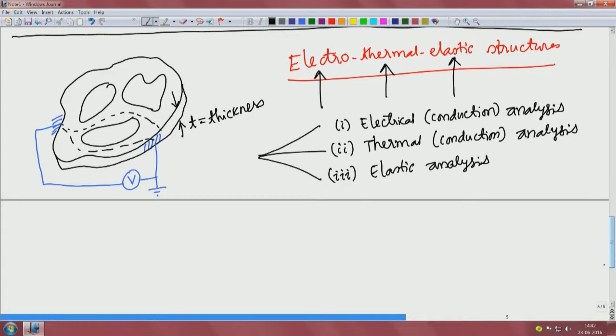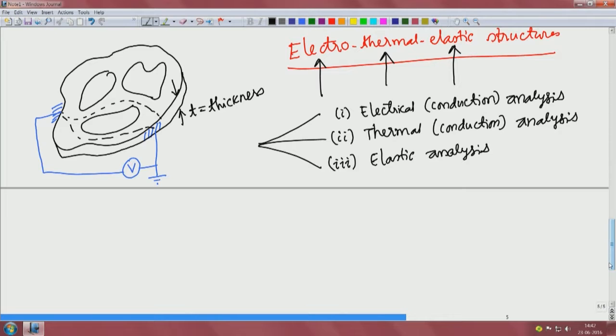Now, how do I write this problem? I would want to minimize strain energy, let us say, because that will make me a stiffest structure.